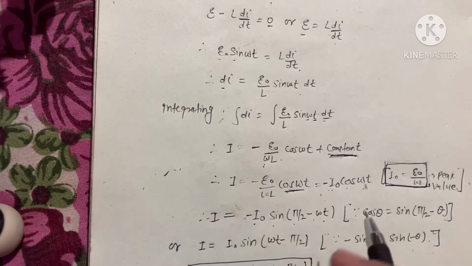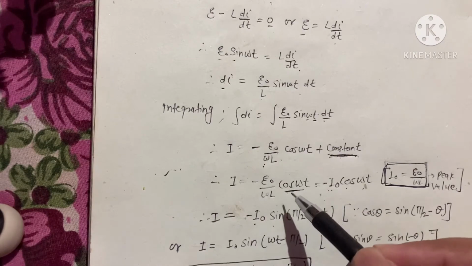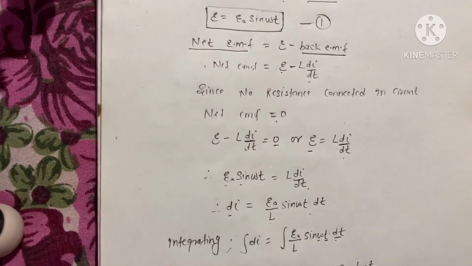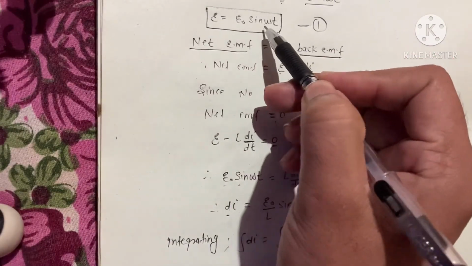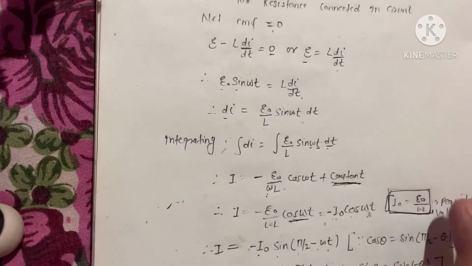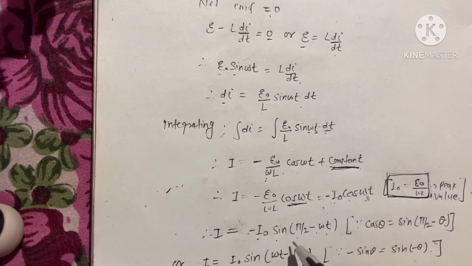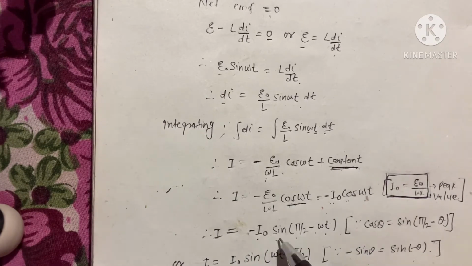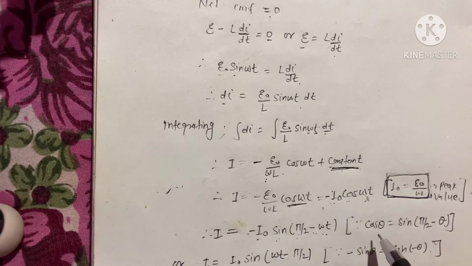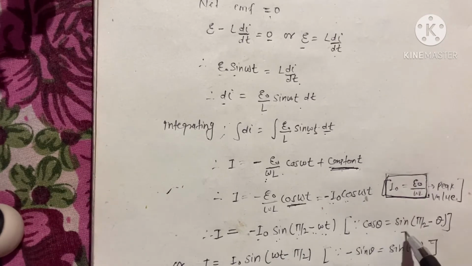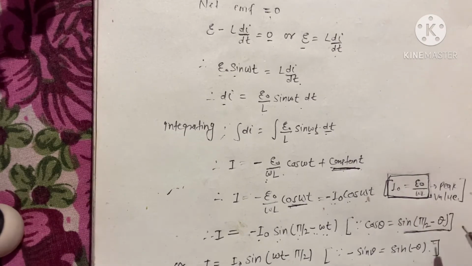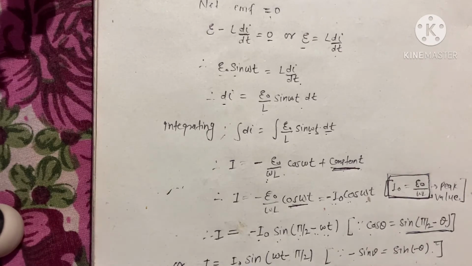That's why we are converting, because our EMF equation E is equal to E0 sine omega t is in terms of sine. So we convert this equation into a sinusoidal function so that we can compare the relation. Minus I naught, and cos gets converted to sine pi by 2 minus omega t, because we know that cos theta is equal to sine pi by 2 minus theta. This is basic trigonometry we learn in 10th standard.